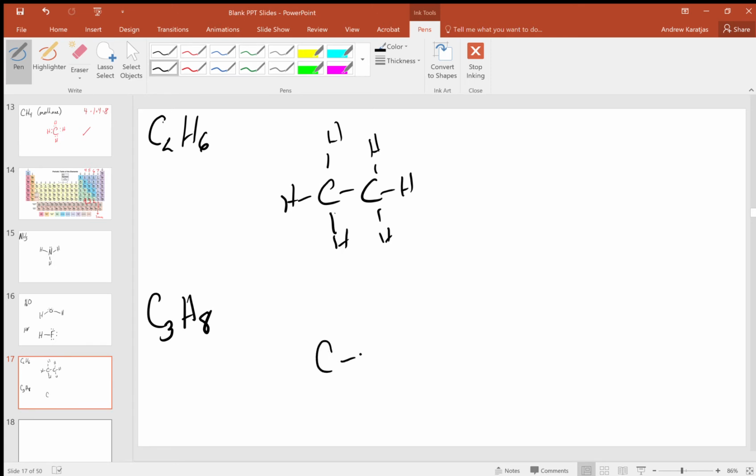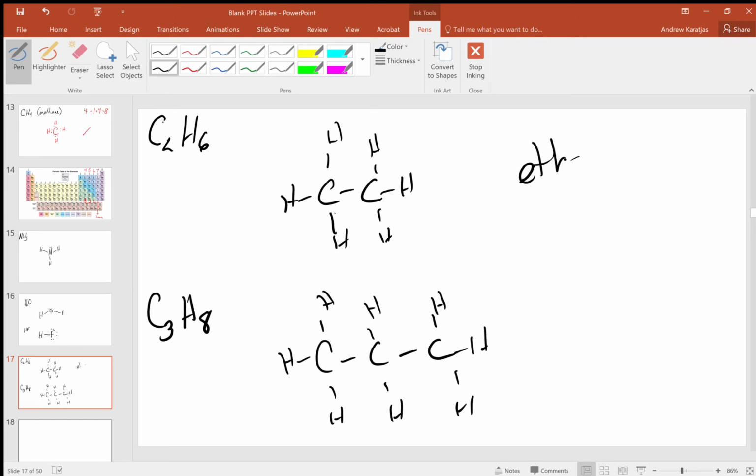And here we add a 3rd carbon in. So these are, if you're wondering, ethane and propane. These are names that we will have to learn in the near future because these start to get into the basics of nomenclature of organic molecules.